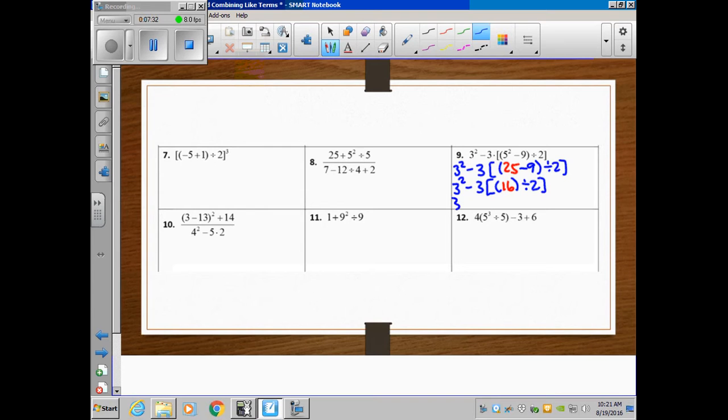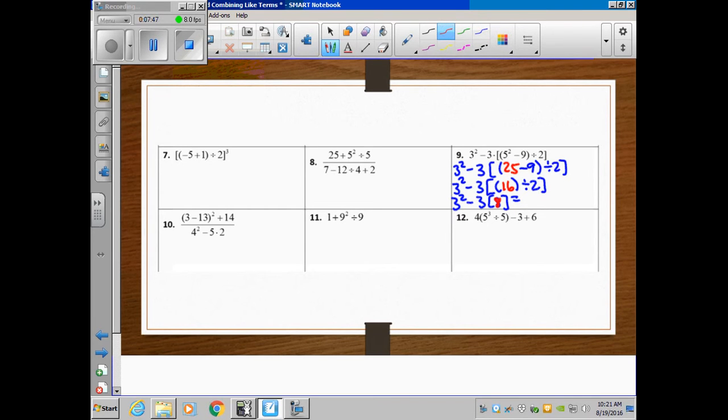Okay, got one more step in here. 16 divided by 2 is 8. Okay, then I have 3 squared.